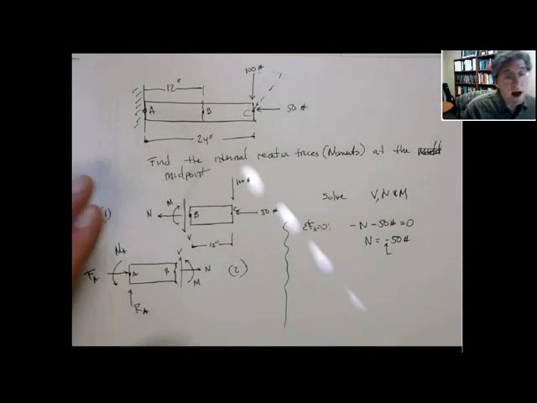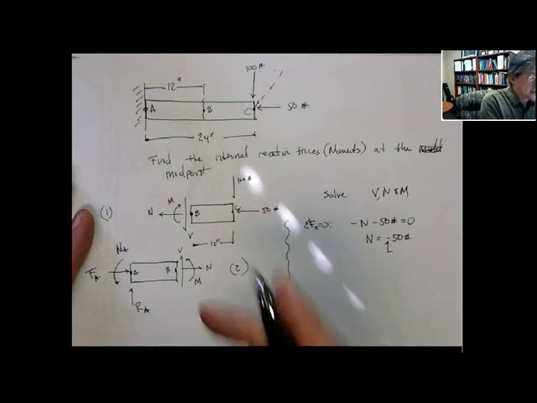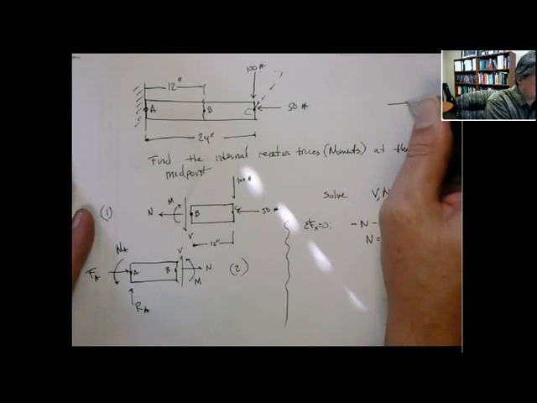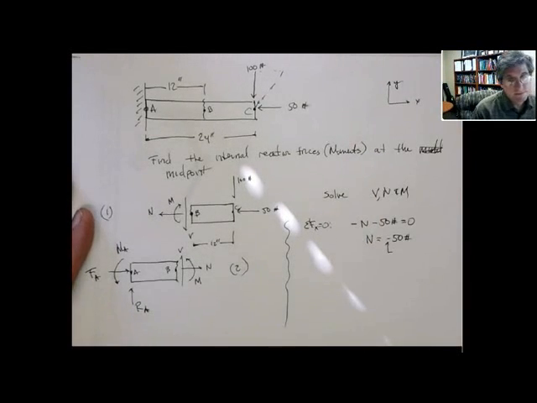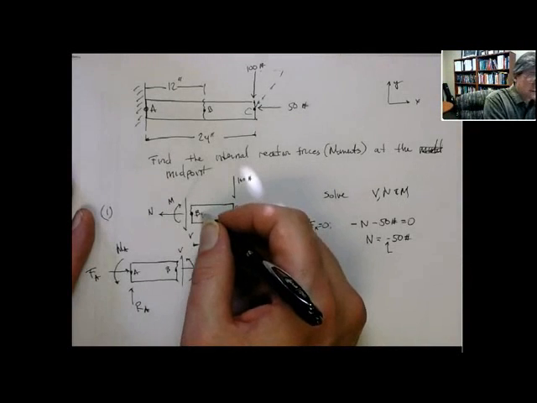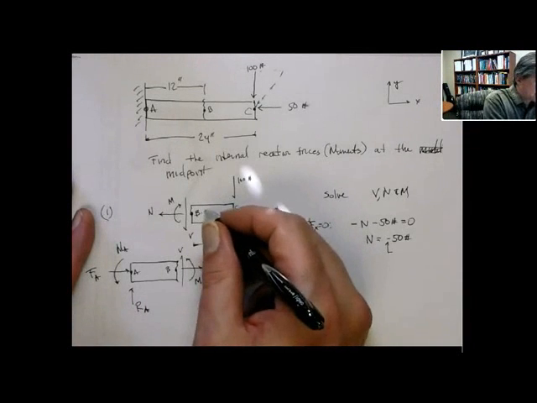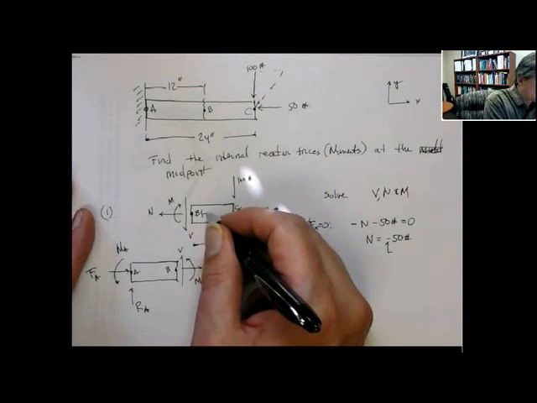Now, the convention that I use, and we'll talk more about this later when we talk about stresses, is if we call this x direction and this y direction, positive x and positive y, this face here has a negative outward facing normal.